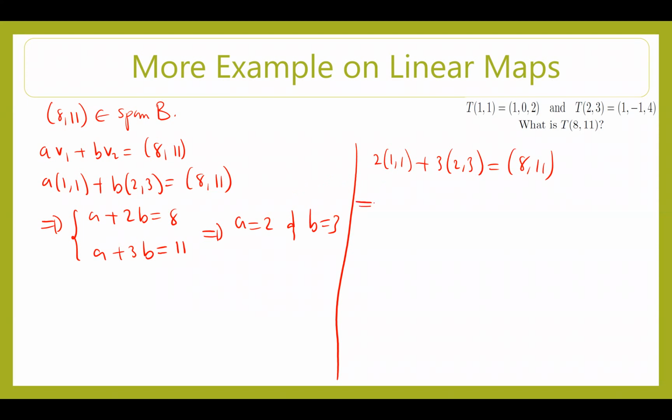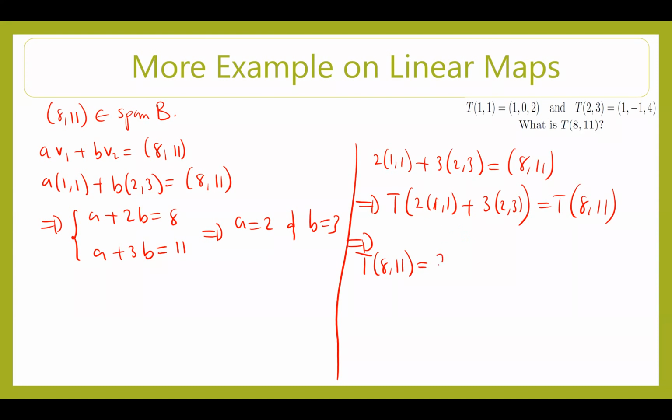All right, apply T to both sides. I have T of 2(1, 1) plus 3(2, 3), which equals T of (8, 11). T of (8, 11) is what I'm looking for. T of a constant times a vector means 2 times T of (1, 1) plus 3 times T of (2, 3).